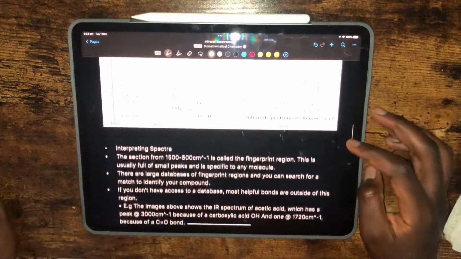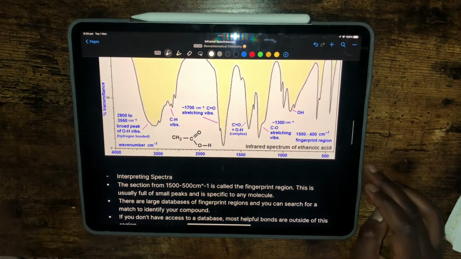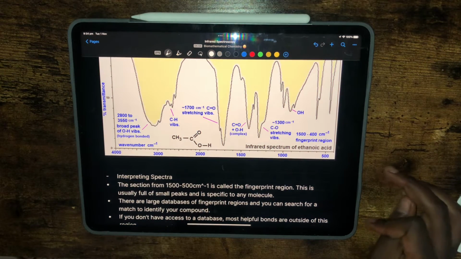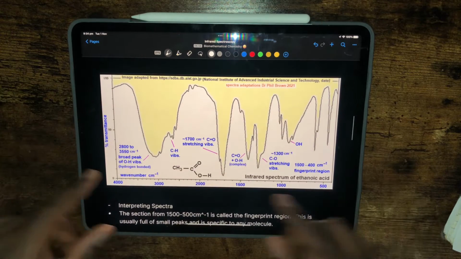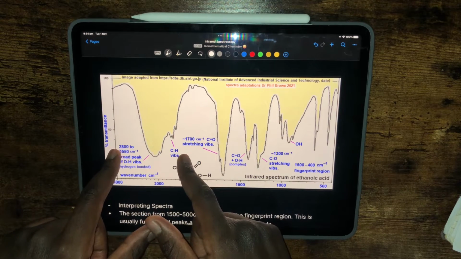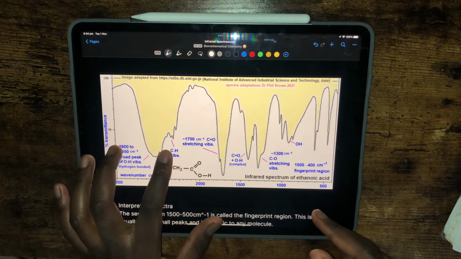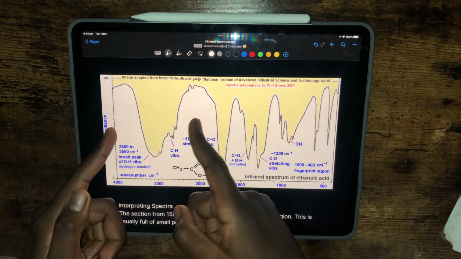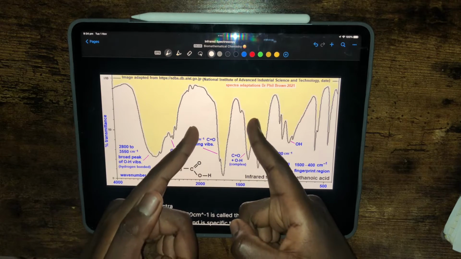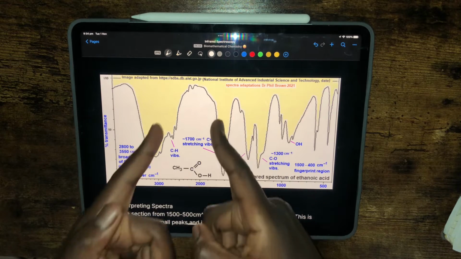In the exam, they'll ask how this compound is different to this compound. You'll say that in the IR spectra it would have a broad peak between these two values, and that means it had this bond, whereas this compound had a peak here.